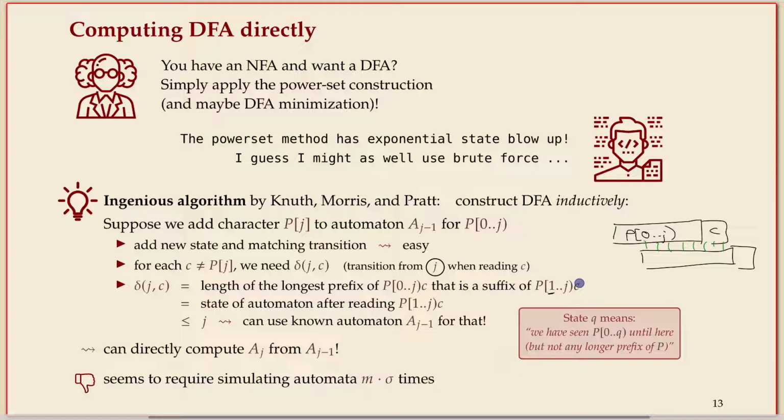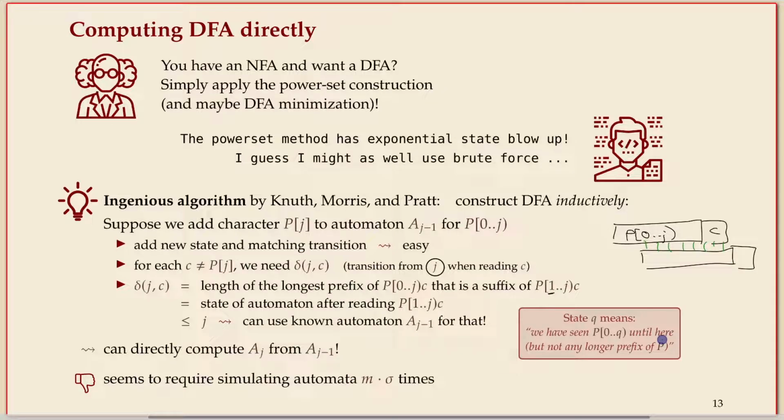But we're in the case where that's not the next matching character. So if you feed the automaton that we have so far with these characters, it will not run into the new edge. It will stay in the part that you've already constructed. And so we can use the automaton for the part of the pattern that we already have to find out this longest prefix, because that's what the states there mean.